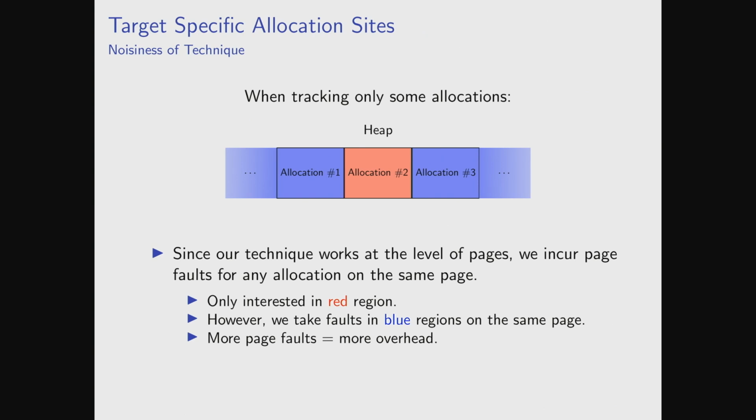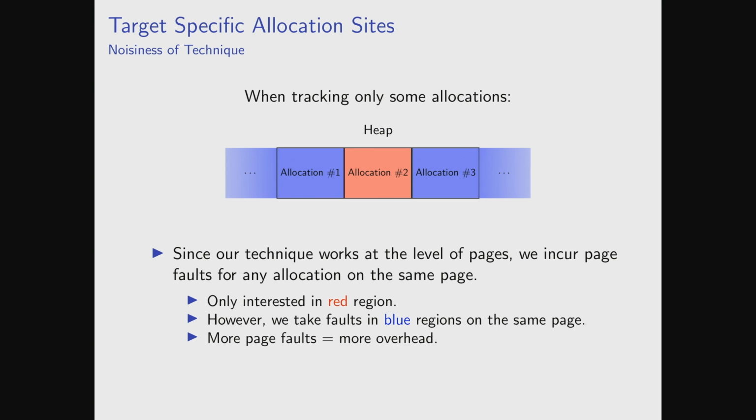However, if we're only tracking certain allocation sites, we end up with situations like this where, let's say, we're interested in the red region in the middle, and because we're only tracking certain allocations, the adjacent memory regions might contain other allocations that we are not interested in. But because the technique works at the granularity of pages, we are going to take page faults in these allocated regions regardless, despite the fact that we're not interested in them.